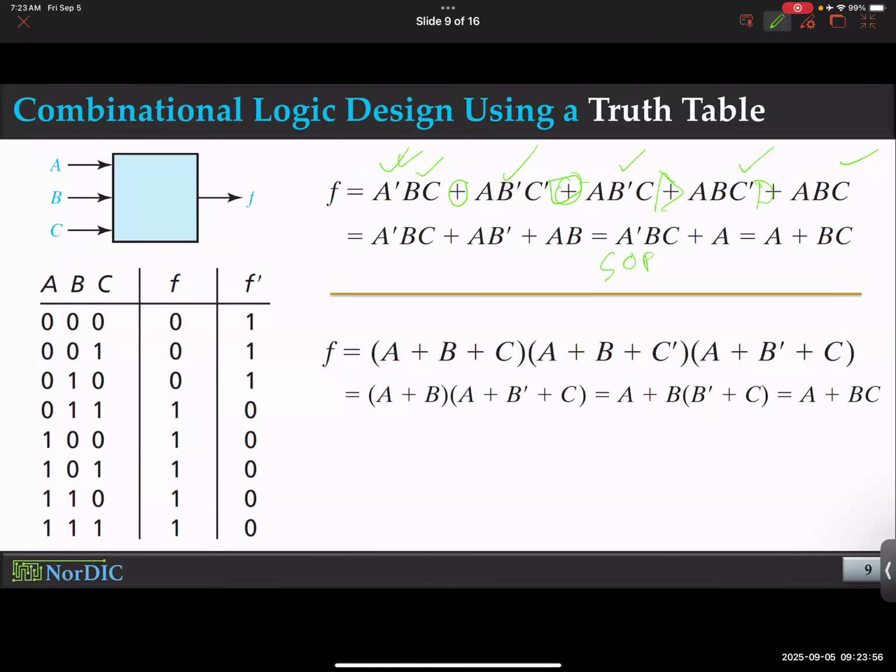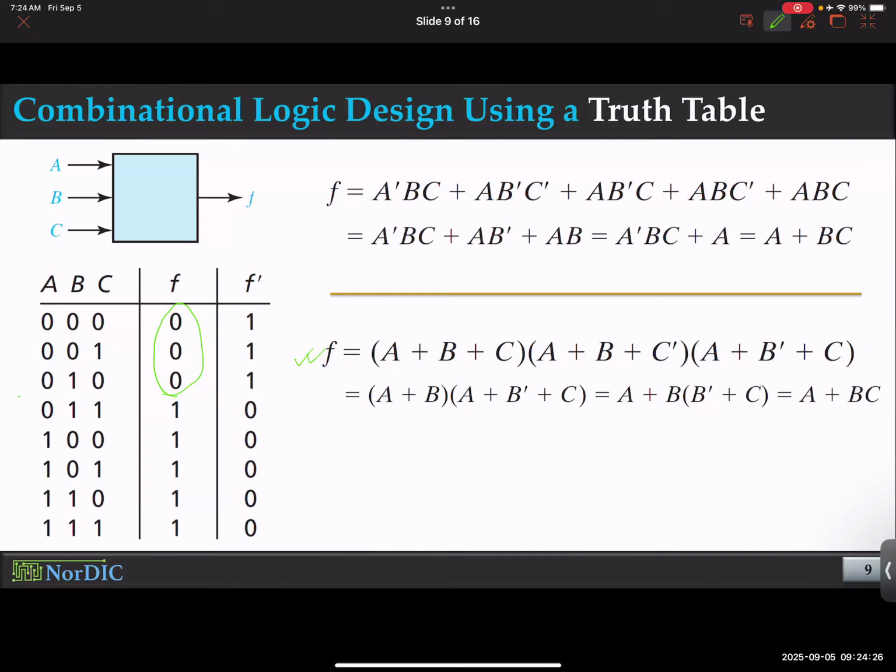And there is another way to achieve this function that is called product of sum. As you see here, you end up taking a product of some terms. So you have some terms here, and you will have to take products like we discussed in the last lecture. But how do you generate this functional output? For this one, you look at the zeros, not the ones. Remember, you look at the zeros.